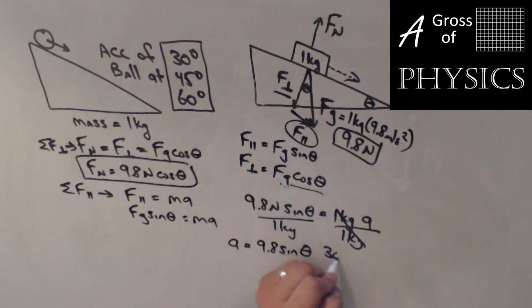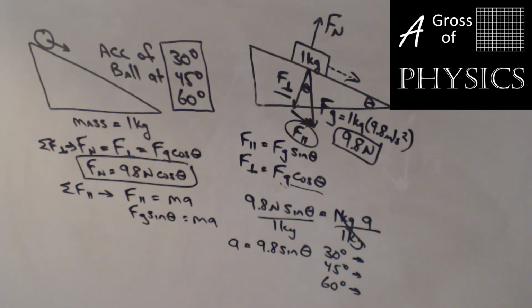So at 30 degrees, 45 degrees, and 60 degrees, we're going to get 9.8 sine 30, 9.8 sine 45, 9.8 sine 60. Let's see what our three answers are. I would imagine that as you get bigger in terms of the angle, the acceleration gets larger.